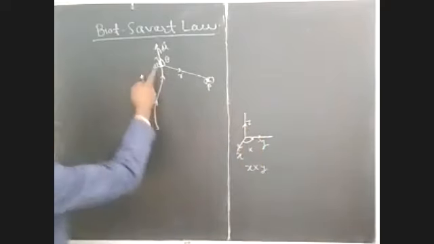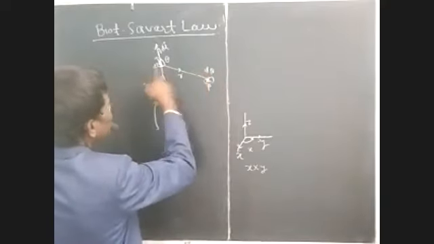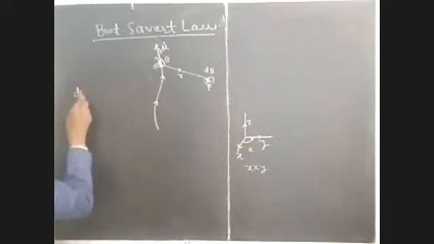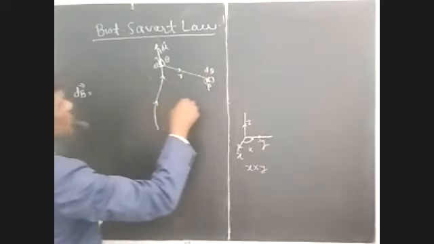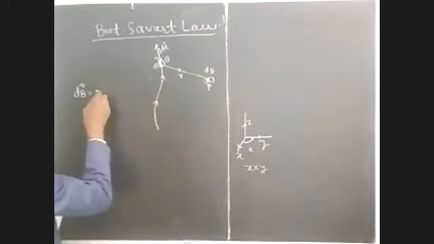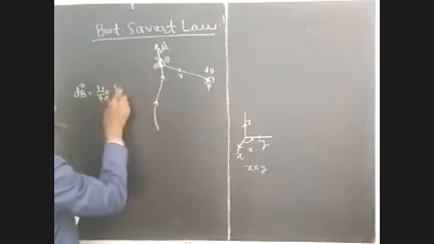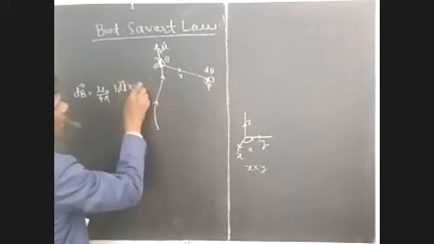So we can write dB due to the dl. Because this is small, we take a small dB. So dB equals, vector quantity, it is inside, mu naught over 4 pi, I into dl vector cross r vector.